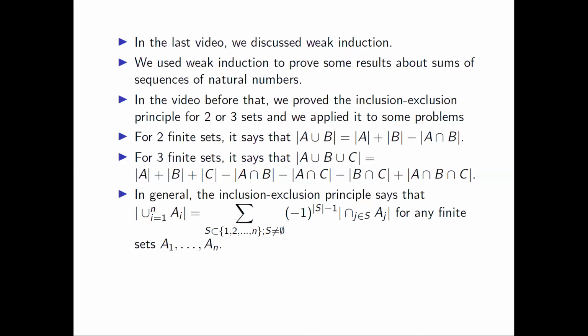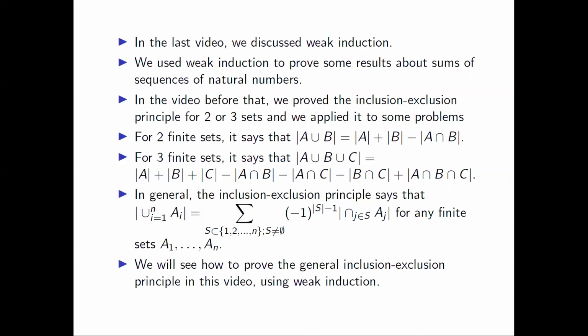And that's why we have -1 raised to the cardinality of the set minus 1. So we're going to prove this fully general version of the inclusion-exclusion principle. And we're going to use weak induction like we used on the problems in the last video.